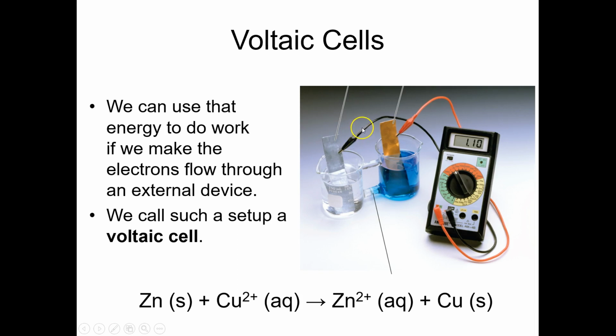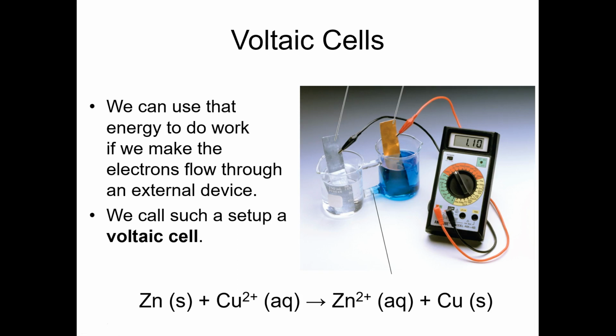It is giving up electrons, which flow through the wire, come over to this side, and are used to reduce the copper ions in solution into copper metal. And I'm actually able to generate a chemical circuit there and a flow of electrons, and it has a measurable voltage, which we'll talk about a little bit later, what that means.